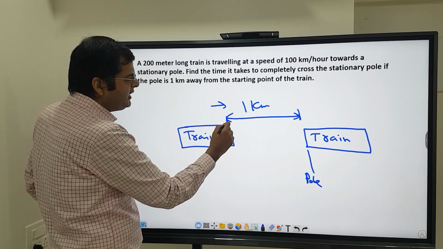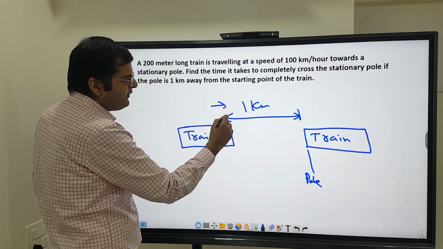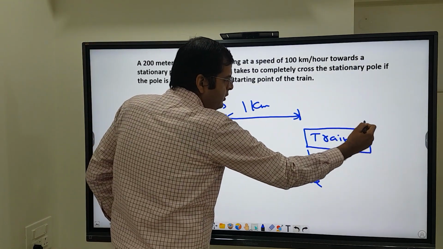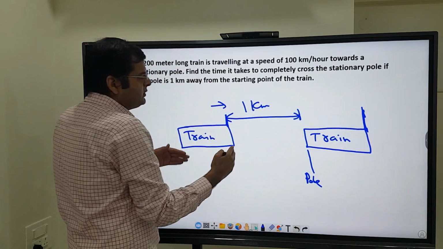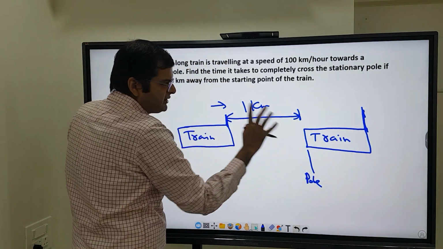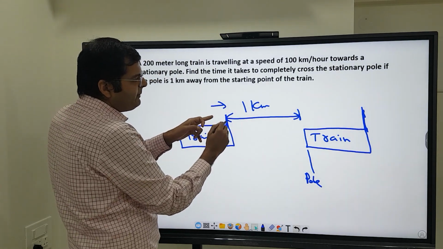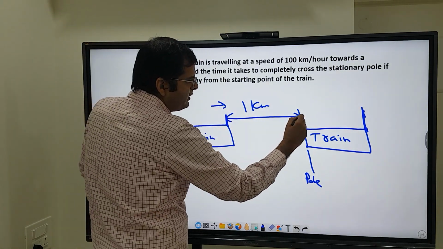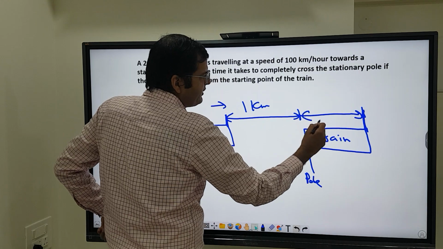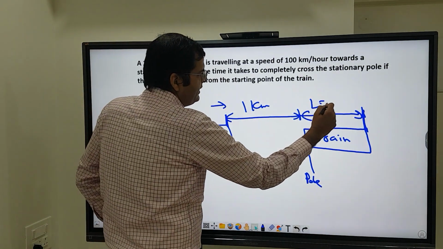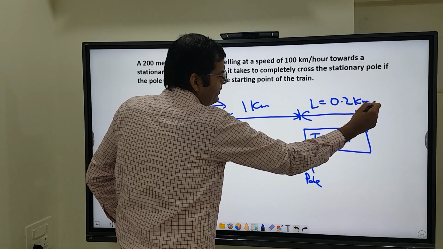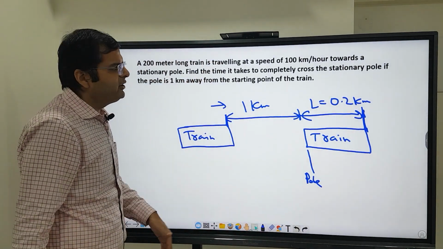The starting of the train goes from here to here when the train completely crosses this pole. So the distance covered by the starting point is this 1 km plus the length of the train, which is given to be 200 meters. So L is 200 meters, which means 0.2 km in terms of kilometers.